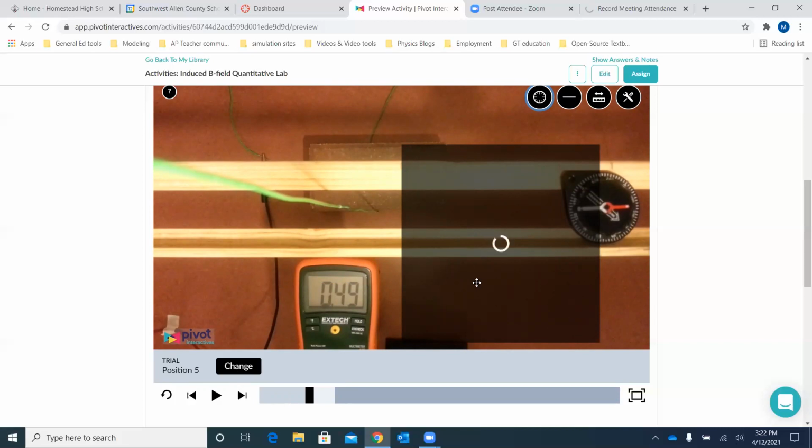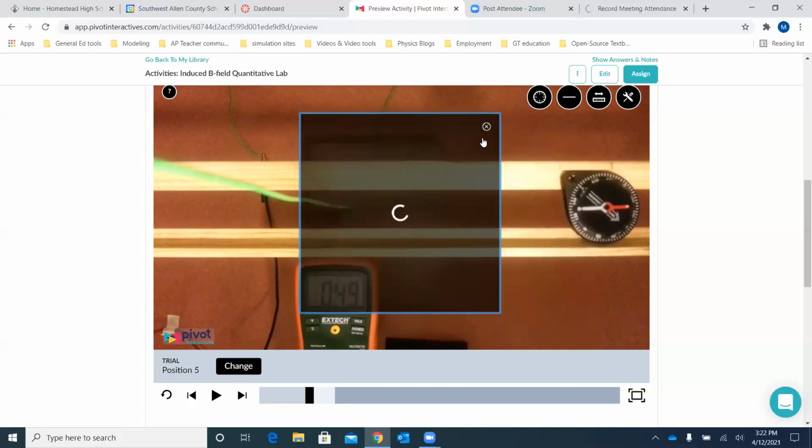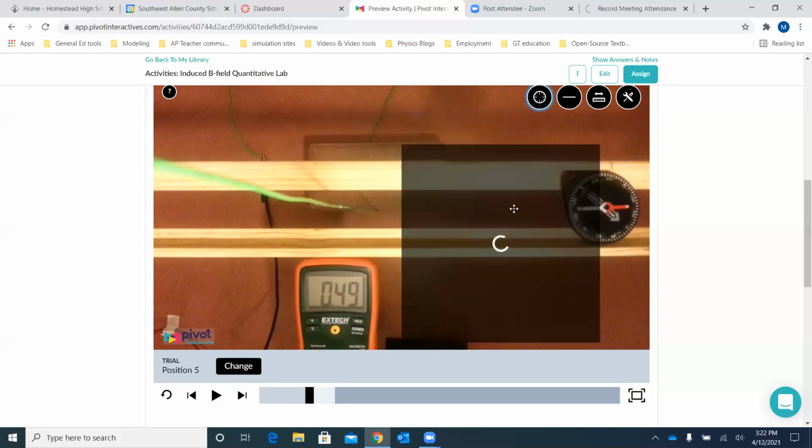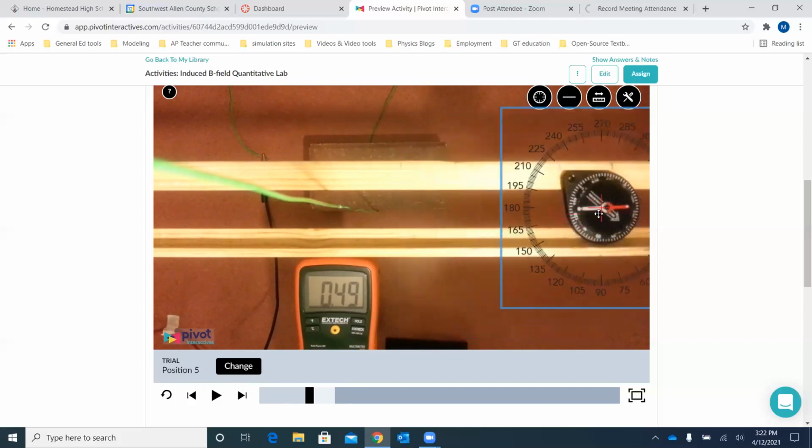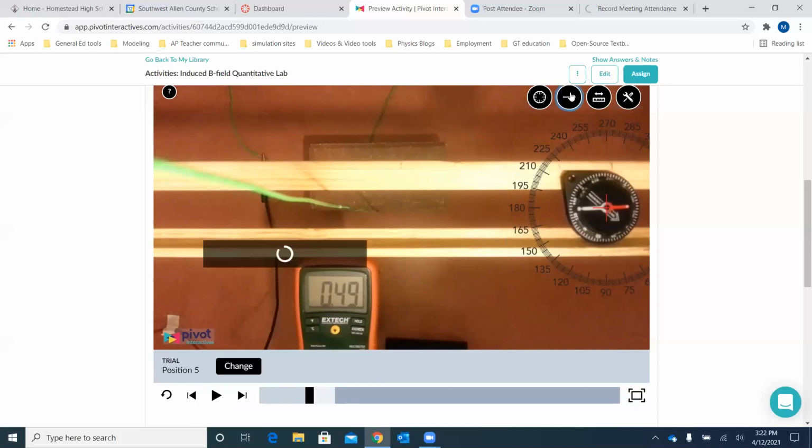Is it not going to load? Hold on. Ah, there we go. This one's going to be kind of hard, isn't it? Put the line on here. So I can rotate this to here. Now, obviously, I can't read out this way, but I can read this far, and I can see how far it is on 180, and that will give me the same angle there. So I can find that angle as well. So that works out really well. Okay, so that's the first part of the lab.